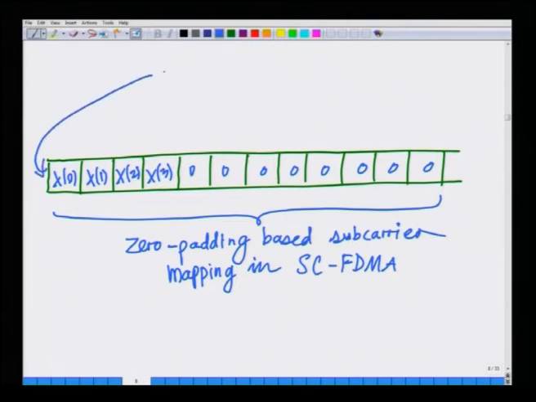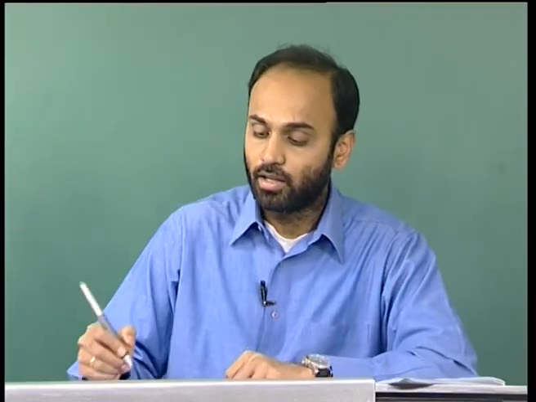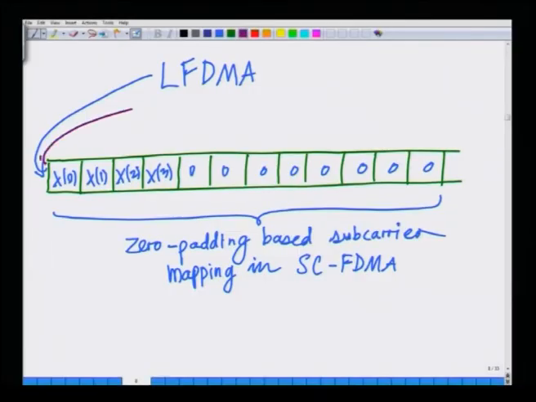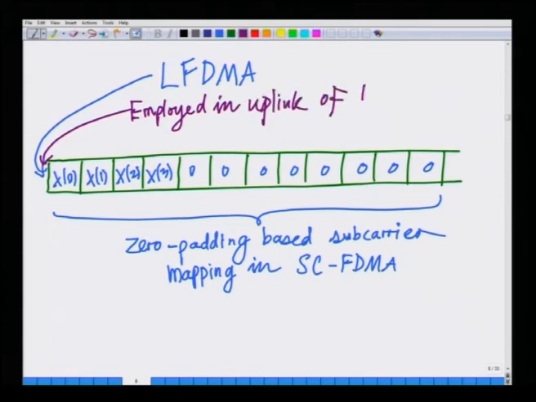This scheme is termed as LFDMA, and in fact this is the scheme that is employed in the uplink of the 3GPP, that is the 4th generation standard LTE.